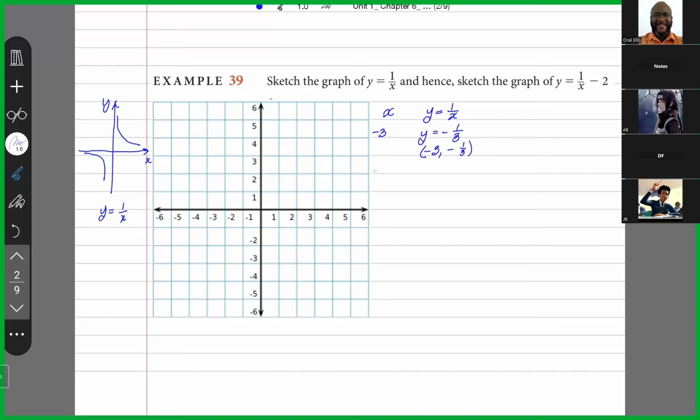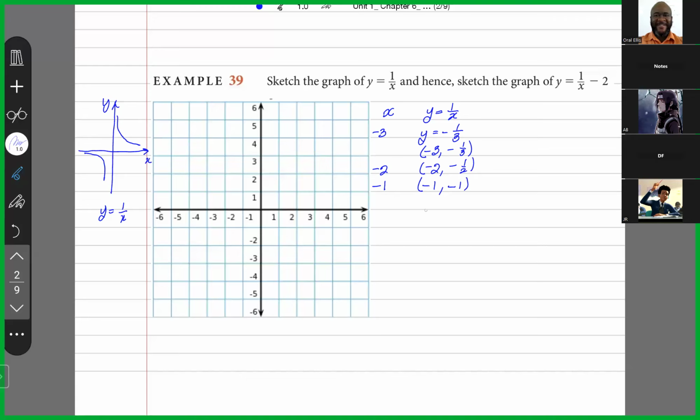If x is minus 2, we're going to have the point minus 2, minus 1/2. If x is minus 1, we're going to have the point minus 1, minus 1 over minus 1, which is minus 1.